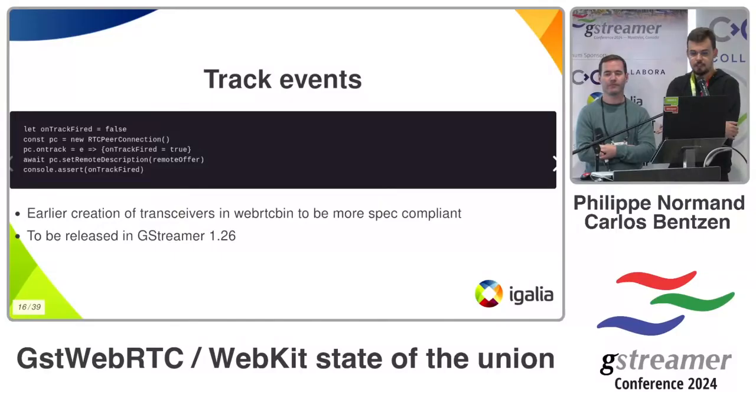So you can see here on this ontrack event, basically this assertion was failing because in the webrtcbin backend, this track event was emitted way too late, only after things were connected in a stable signaling state. And although it was easy to have a test for that, fixing that was a bit tricky and had to go all the way to webrtcbin and implementing some changes for creating the transceivers early during the negotiations to be more spec compliant. And hopefully this will be released in GStreamer 1.26.